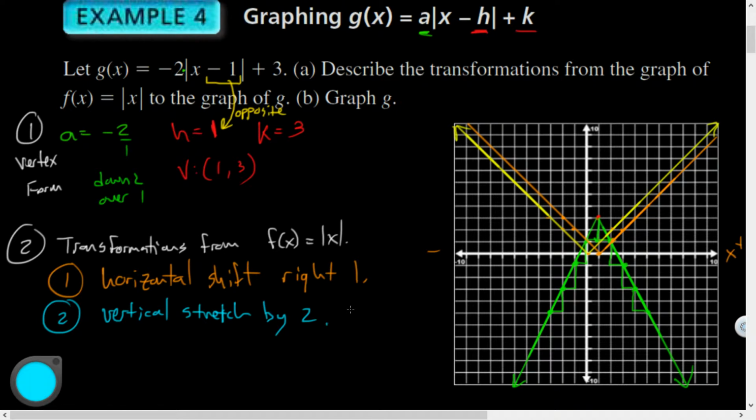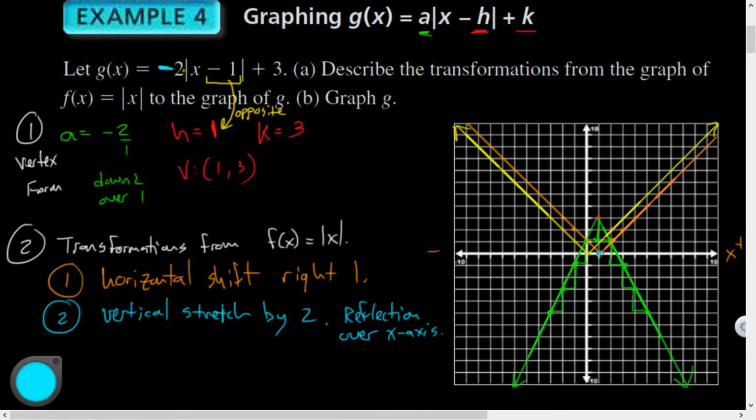And we'll flip it at the same time because it was negative, which I guess I should say is a reflection over the x-axis. And the reason I'm flipping it is because this minus sign here is what's influencing that flip. So for my orange graph, I'm going to flip it, double it, and flip it.